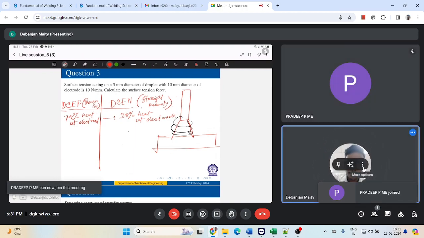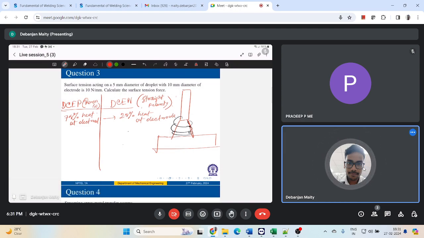The rate of the metal transfer affects the weld bead geometry, microstructure, and strength of the joint. And how can you study the metal transfer?